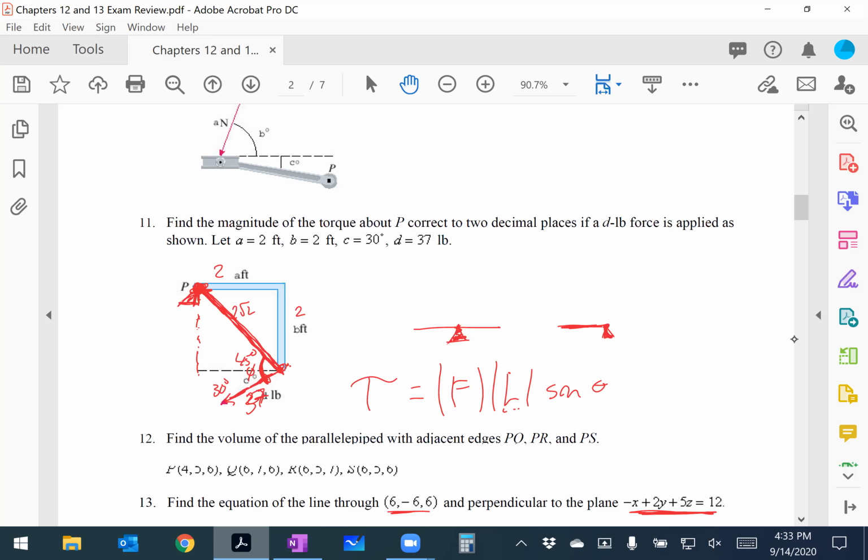Well, what's the force? The force is 37. What's the lever? The lever is 2 radical 2. And what's the angle? The angle is the 45 plus the 30, which is 75. And that should all come out to be 101.09 foot-pounds.